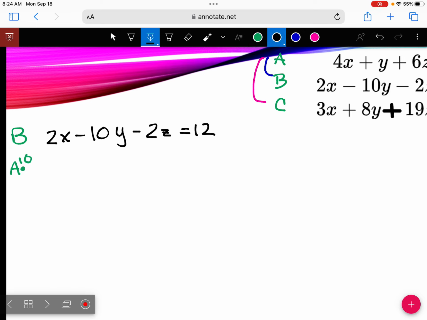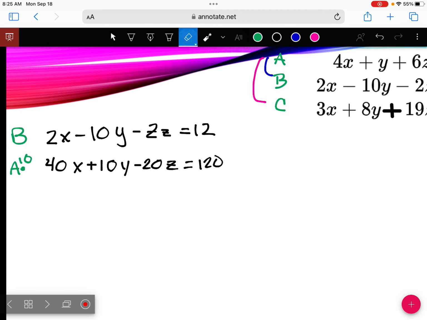So A times 10, 4x times 10 gives me 40x. Y times 10 gives me plus 10y. 6 times 10, minus 2z, gives me minus 20z. Equals 120. I 100% just crisscrossed my 2, not my z.